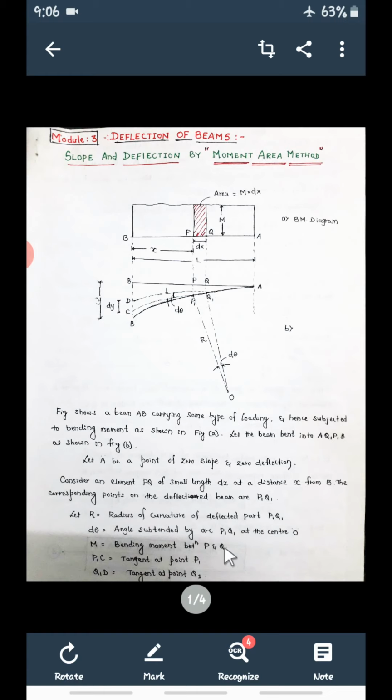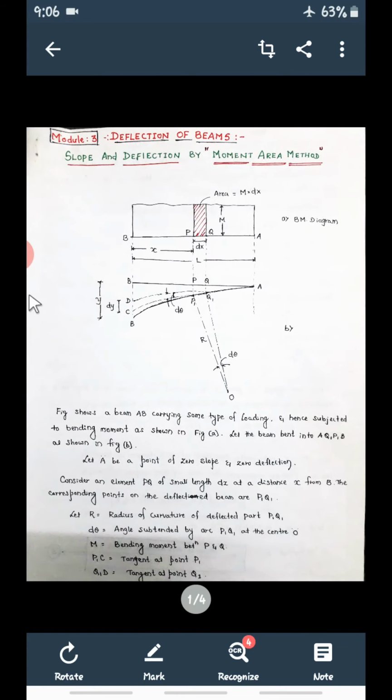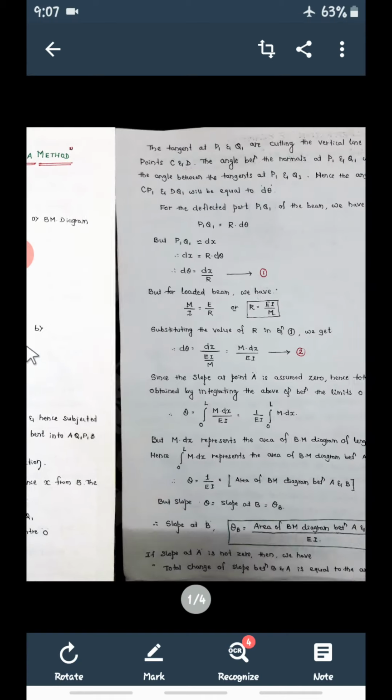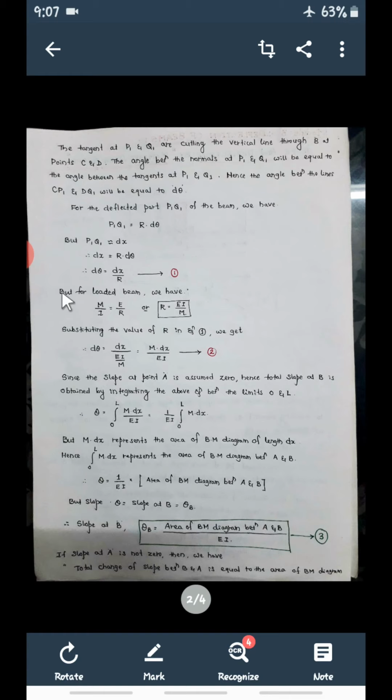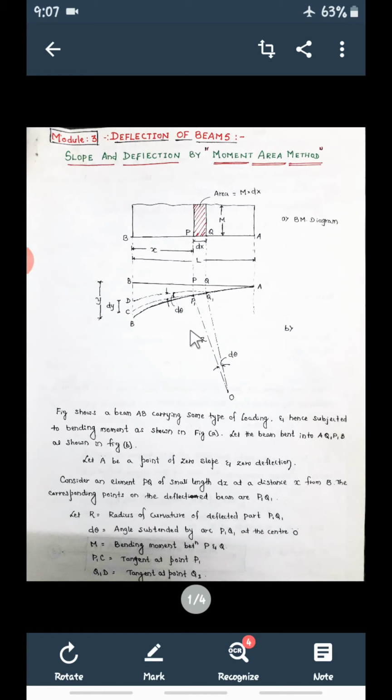Now the tangents at P1 and Q1 are cutting the vertical line through B at points C and D. When you extend these tangents and draw a vertical line here, these tangents cut this vertical line at C and D. Similarly, the angle between these two tangents is also d theta.